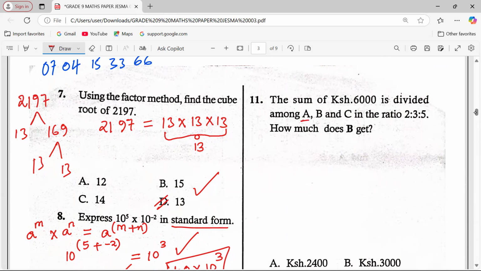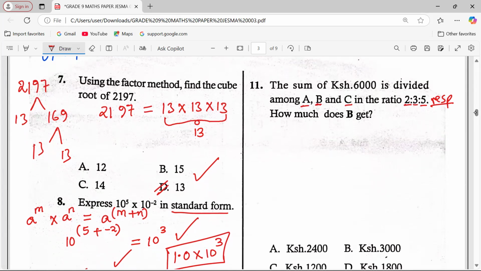Student A will get 2 proportions. Student B will get 3 proportions, and student C will get 5. I'm assuming the ratios are respectively in the order in which they have been mentioned.